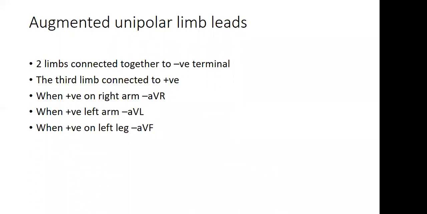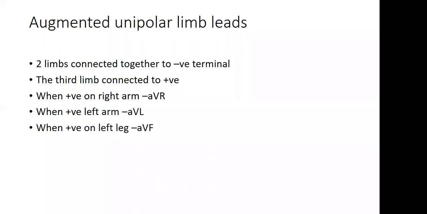If you placed the positive on the left arm, this means you are connecting the right arm and the left leg to the zero, to the negative. So you are left with the positive, which is placed over the left arm, and you record AVL.